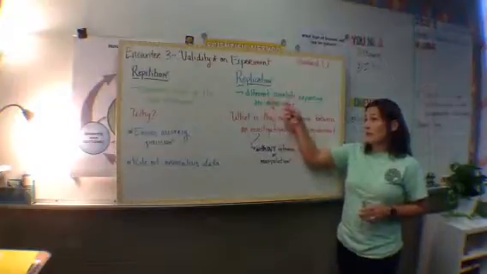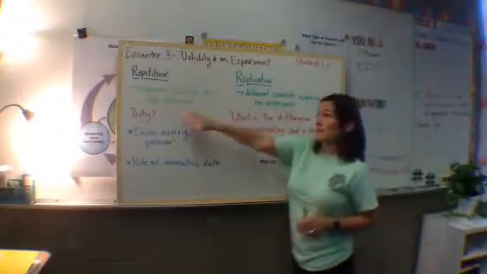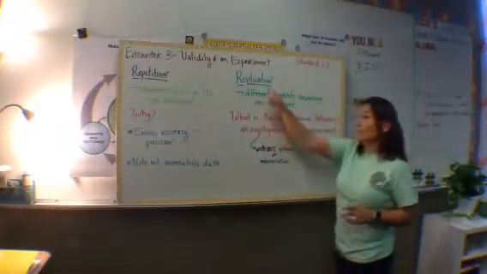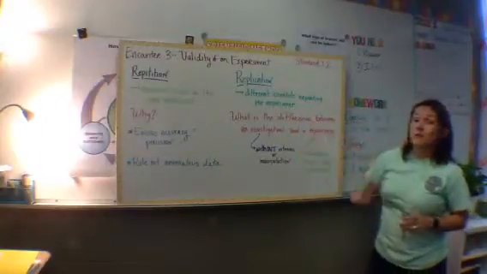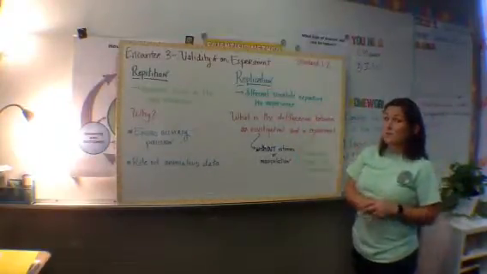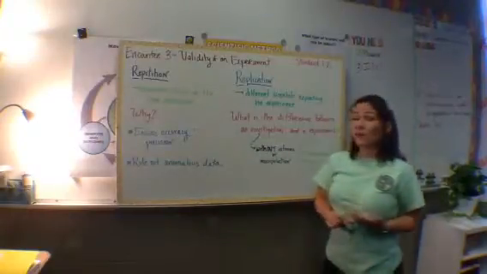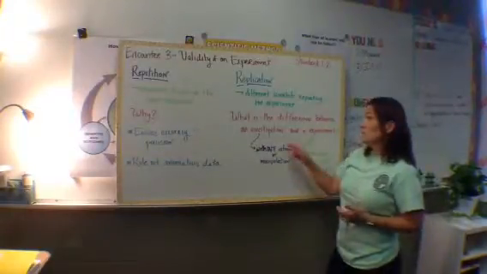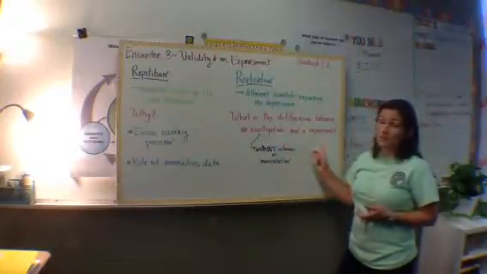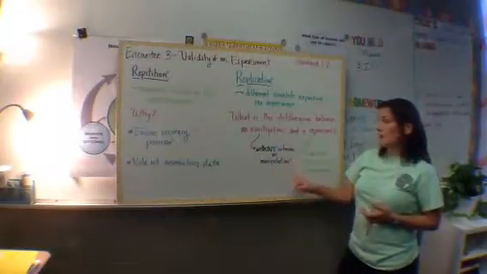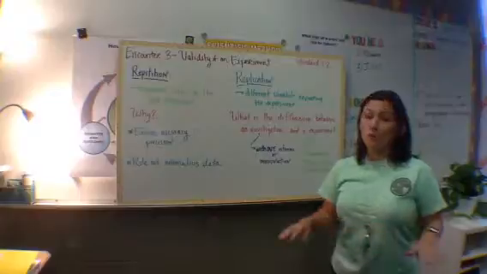So it's different scientists, keyword different. Same for repetition, different for replication, to make sure that they are repeating the same experiment, same variables, holding the same things constant. Now there's a difference between investigating and experimenting. Investigations are done without inference or manipulation.